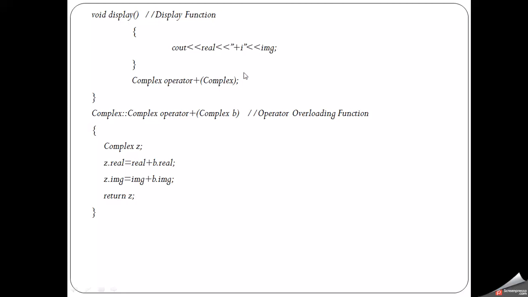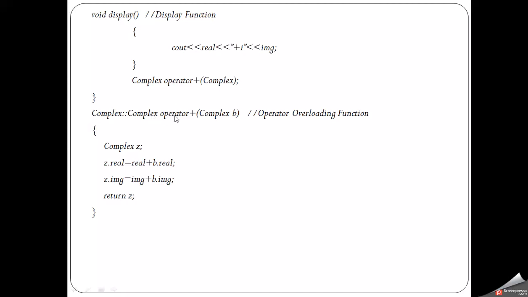Then we have declared the operator overloading function inside the class. This is similar to what we have discussed earlier. Now the definition of the function is done outside the class, so we need to bring the function in the scope of the class. So the complex scope resolution operator is used.